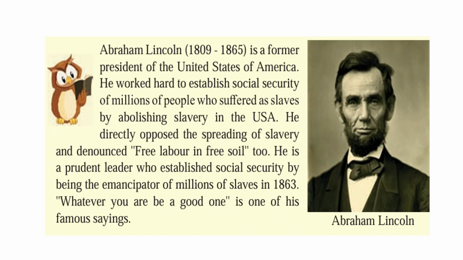He directly opposed the spreading of slavery and denounced free labor in free soil too. He is a prudent leader who established social security by being the emancipator of millions of slaves in 1863. "Whatever you are, be a good one" is one of his famous sayings.